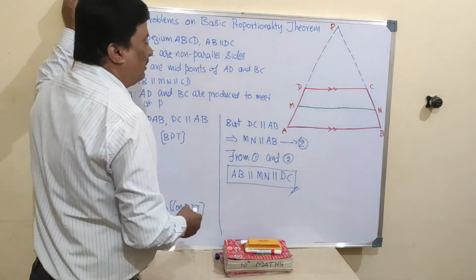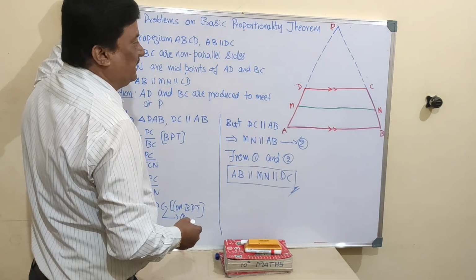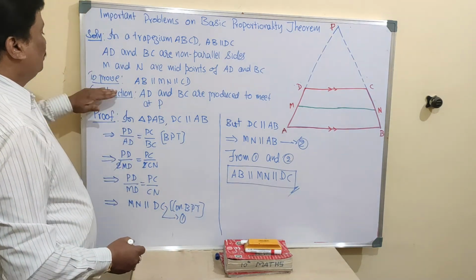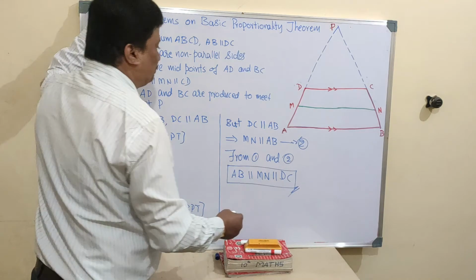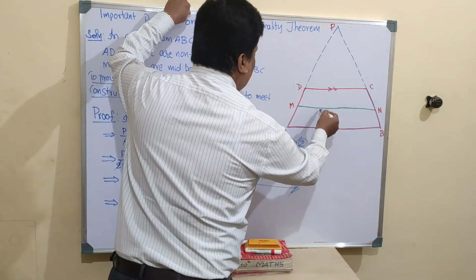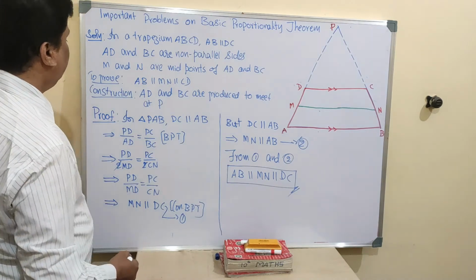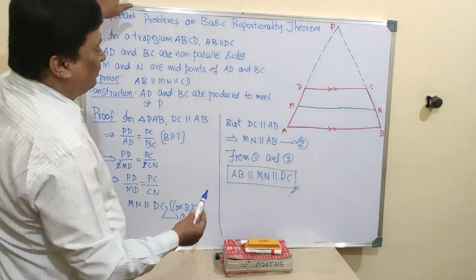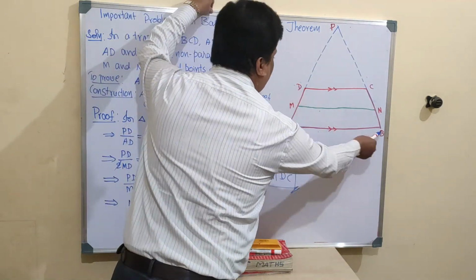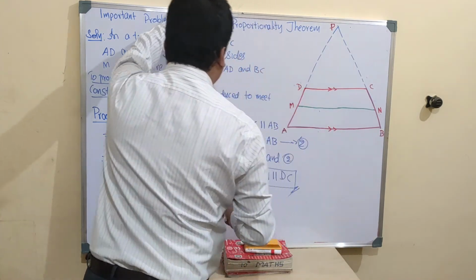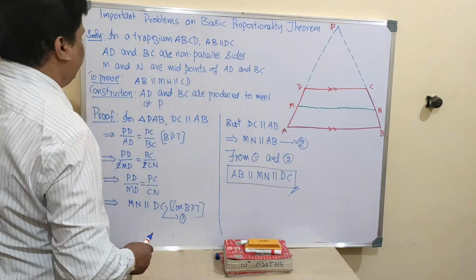M and N are the midpoints of AD and BC. So what do we want to prove? We want to prove that AB is parallel to MN, that is parallel to CD or DC. Construction: we produce AD and BC so that they meet at P.